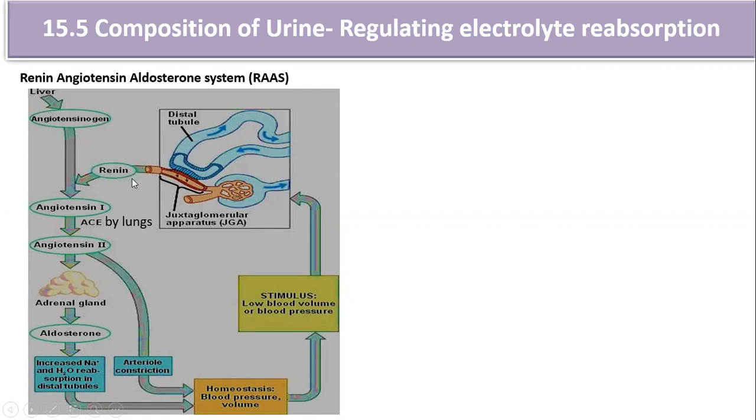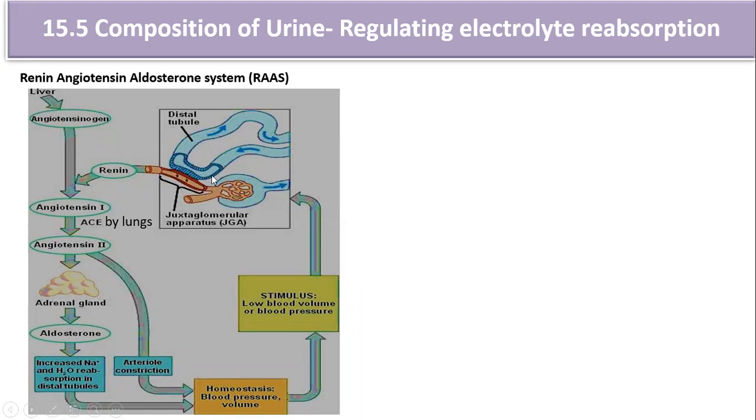That renin is secreted by the juxtaglomerular apparatus. You know the juxtaglomerular apparatus: sometimes the distal convoluted tubule makes contact with a glomerular cell or afferent arteriole, and it forms a juxtaglomerular apparatus. I hope you can remember.